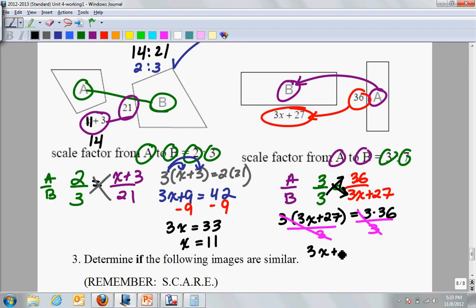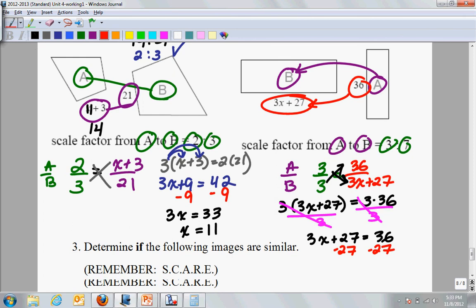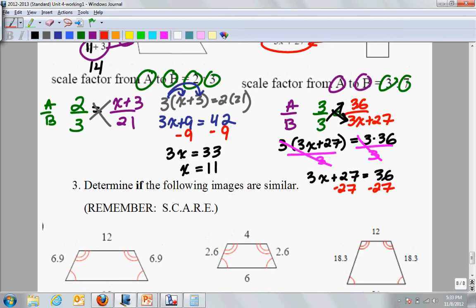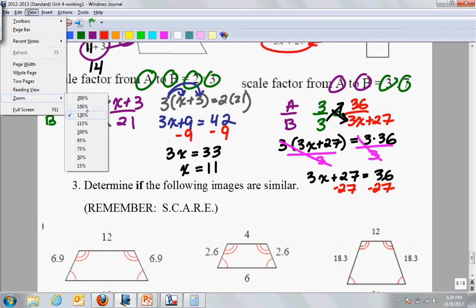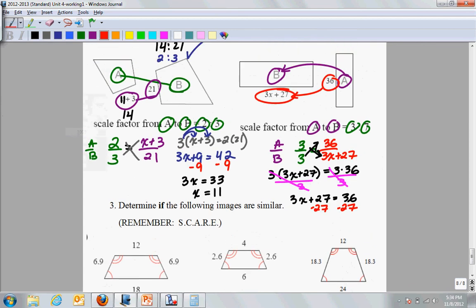So I have 3x plus 27 on the inside of the parentheses equals 36, minus 27. And I get 3x equals 9, therefore x is 3. We come over here, we plug in 3, that's 9, plus 27 is 30.